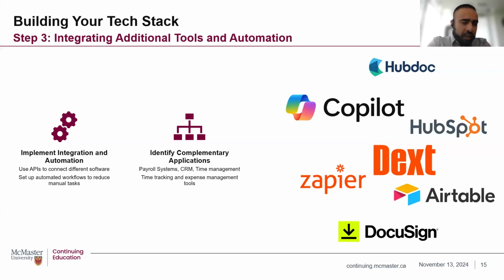This is where the automation pieces come in, where document management and storage comes in, your OCR PDF technology, and then your customer relationship management software as well. These are the tools that I would personally say are going to distinguish you from the rest of the pack.